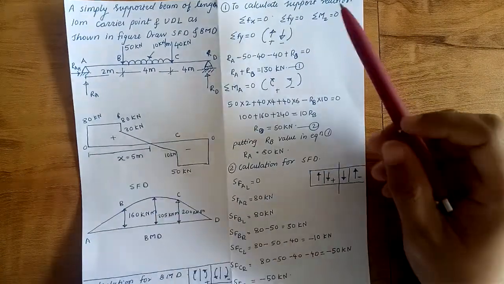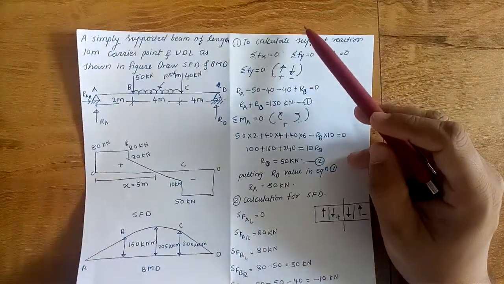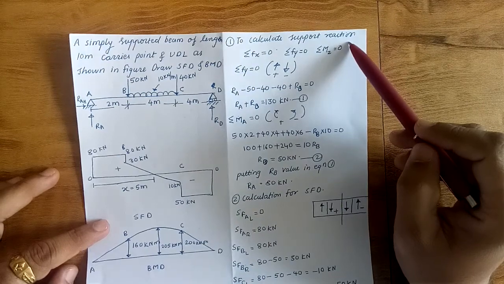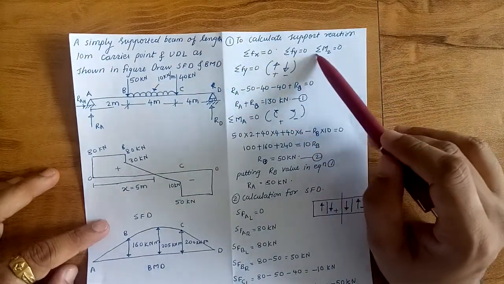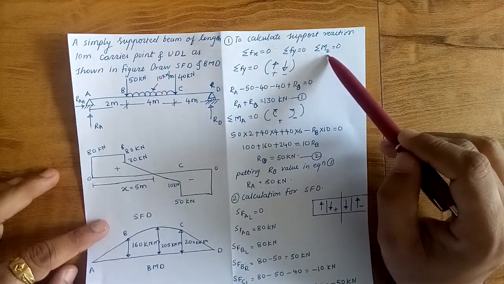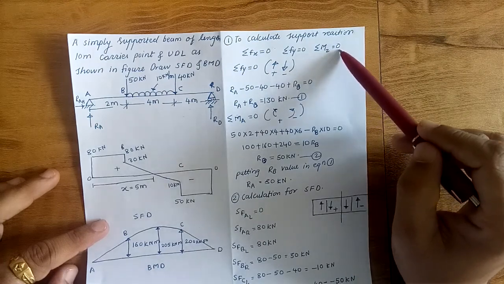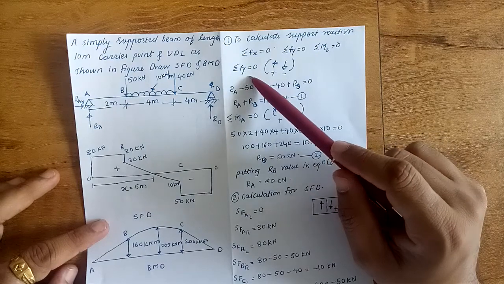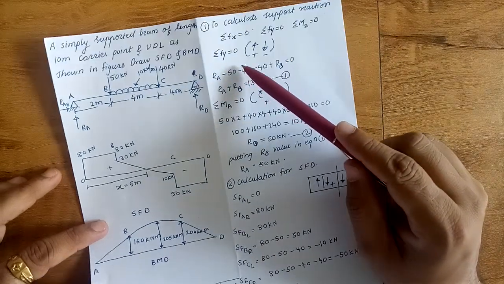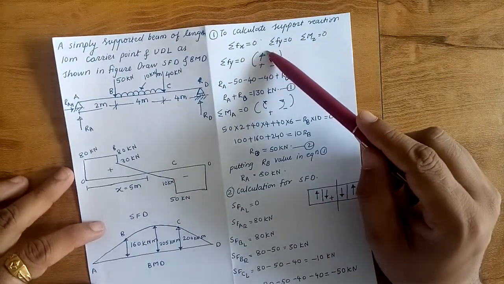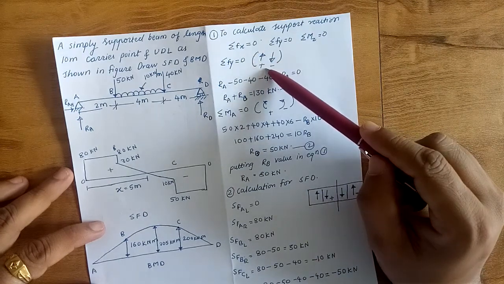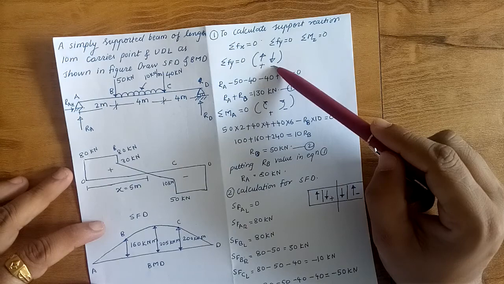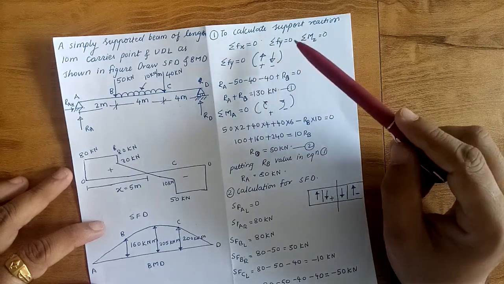So the very first step of calculation is to calculate the support reactions. As I have already told you, these are the three equations of static equilibrium. We are using summation of Fy equal to 0. Forces in the upward direction are considered positive, and forces in the downward direction are considered negative.